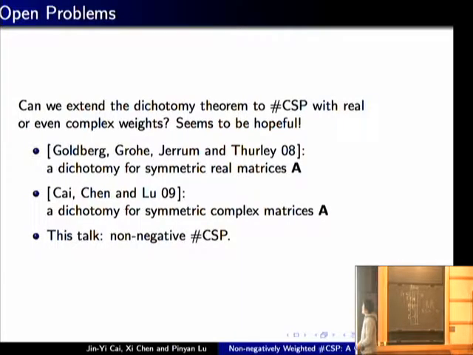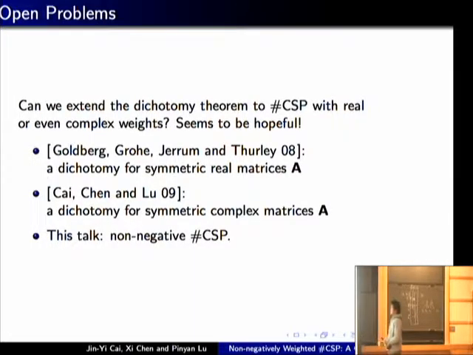we get cancellation once we have +-1 and all these roots of unity. I personally feel that this seems to be very hopeful given what we know so far. We already have a dichotomy for a single symmetric real matrix, and we also have a dichotomy for symmetric complex matrices. And in this talk, we get a non-negative dichotomy.